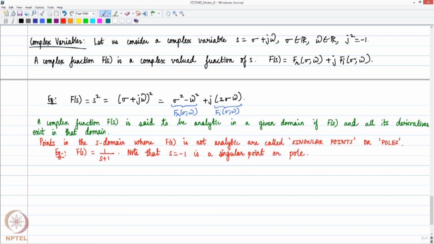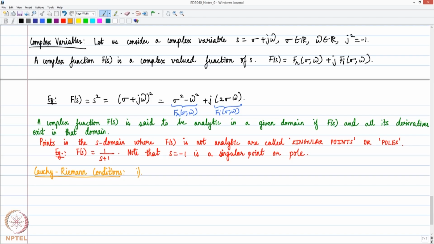And there are what are called the Cauchy-Riemann conditions, which are essentially used to evaluate whether a given function f of s is analytic. So, what are these two conditions?